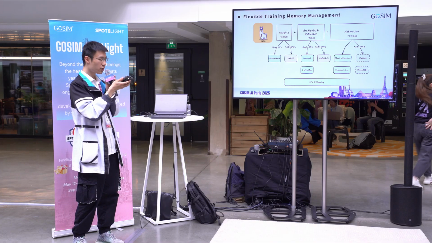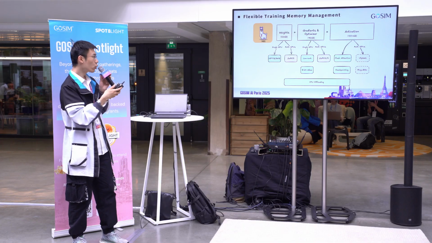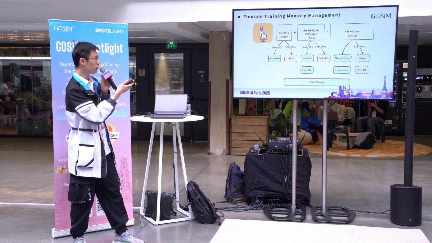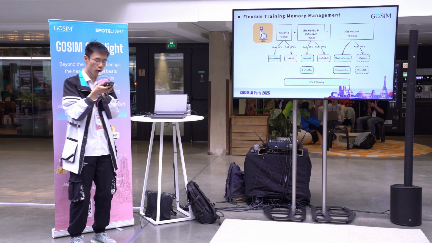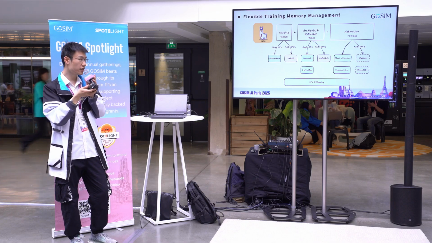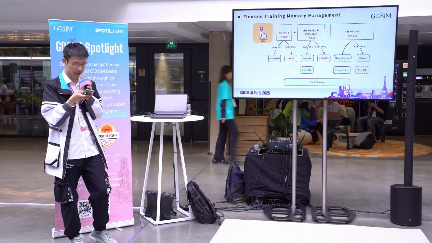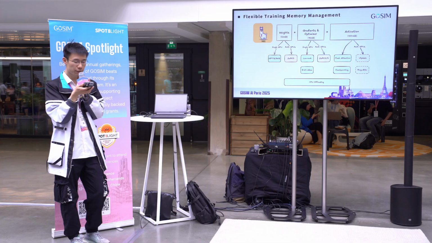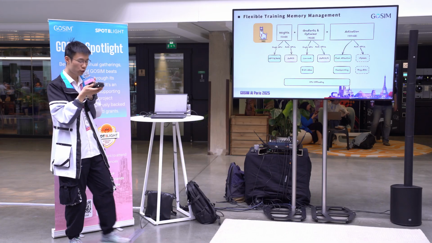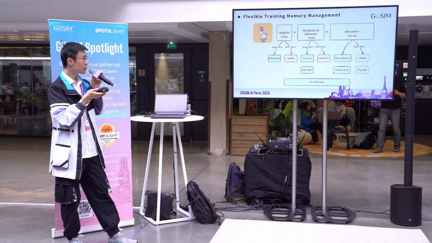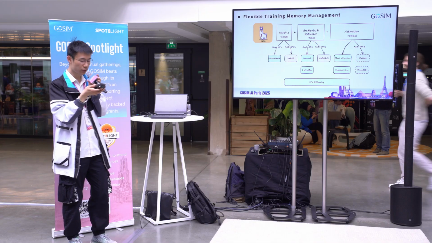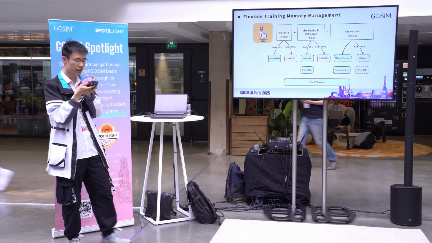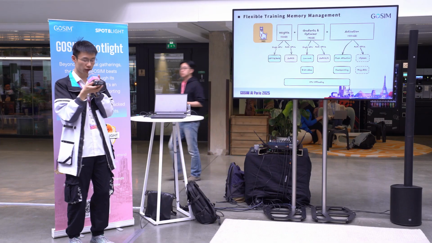For the model weights, we can use quantization methods such as GPTQ and AWQ to represent them with low precision floating point numbers. And we can also adopt the DeepSpeed ZeRO-3 strategy for weight sharding. For the optimizer states and gradients, we can use low-rank methods such as LoRA to reduce the GPU memory footprint.